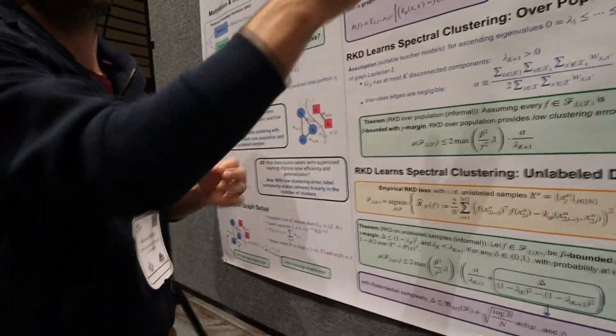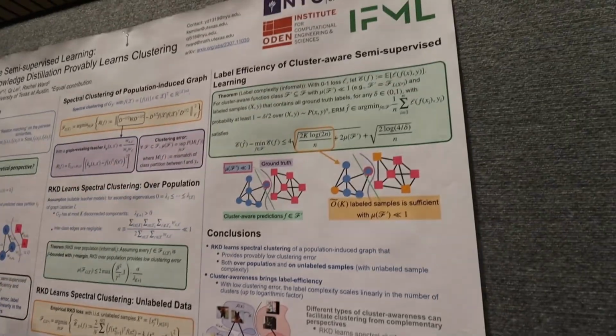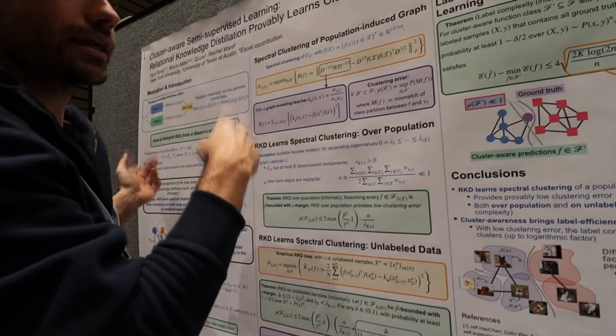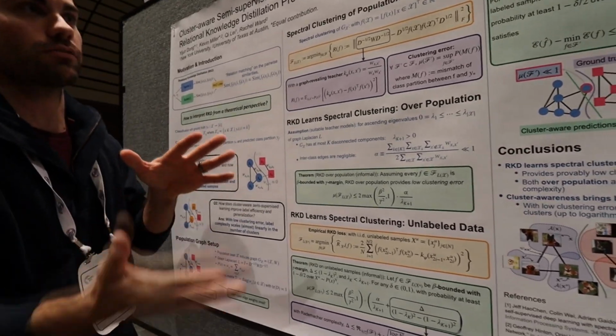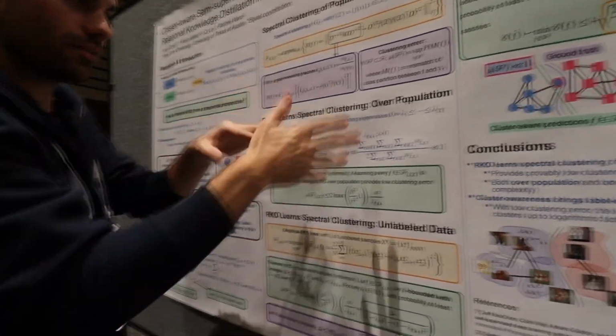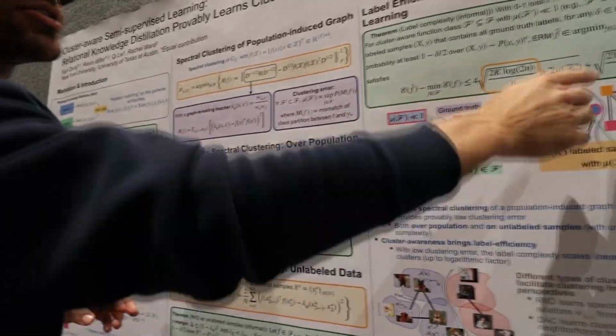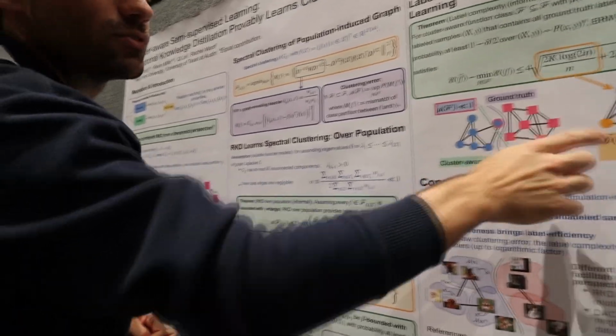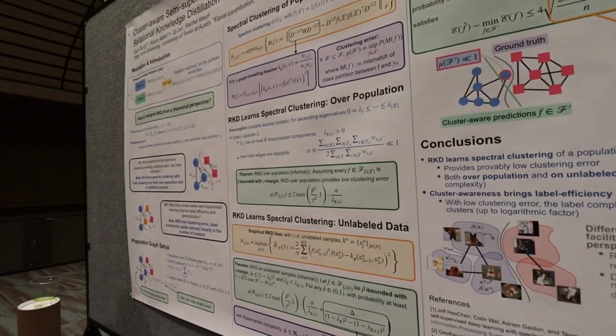This result over here then says, as I come into semi-supervised learning, leveraging RKD as essentially a regularization, then as long as everything's nicely clustered, I can get nice generalization guarantees and sample complexity guarantees, saying that I only need really a linear number of labeled samples.